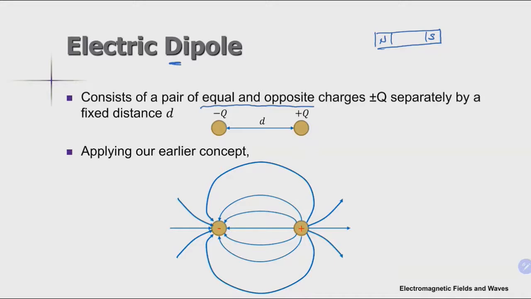And then you can complete that diagram. Further away, the field gets weaker in magnitude. Closer, it gets stronger. And then you can draw the electric field something like this.